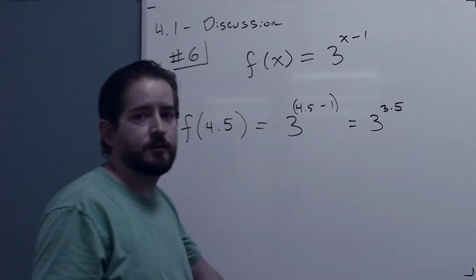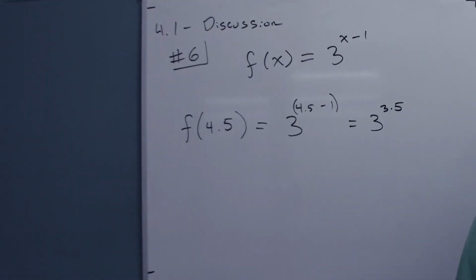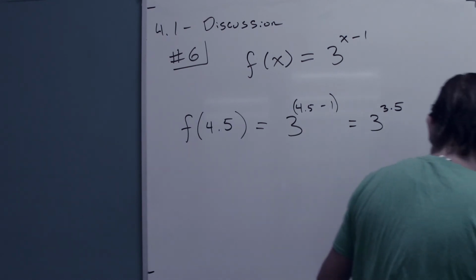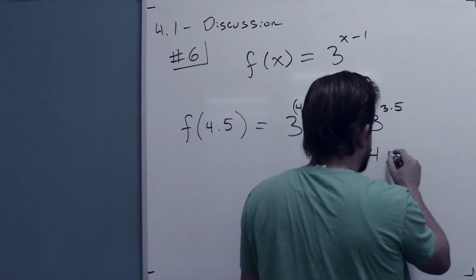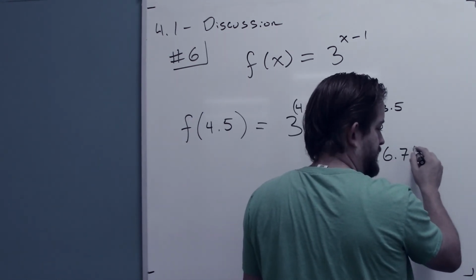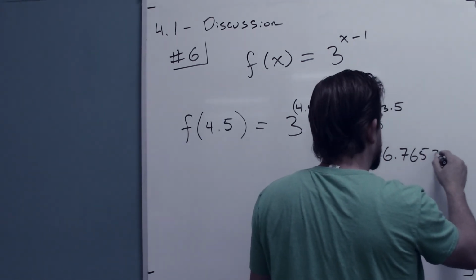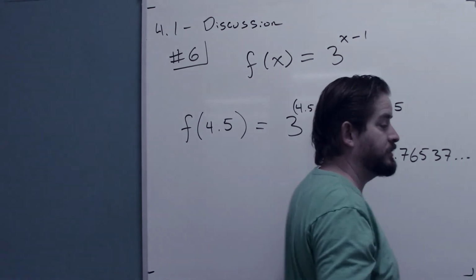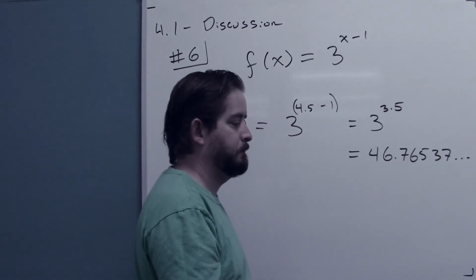Or I need calculus, but we're not there yet. So I'm going to throw this into a calculator, and I get 46.76537, and this goes on and on, but you're asked to round this to 3 decimal places, right?